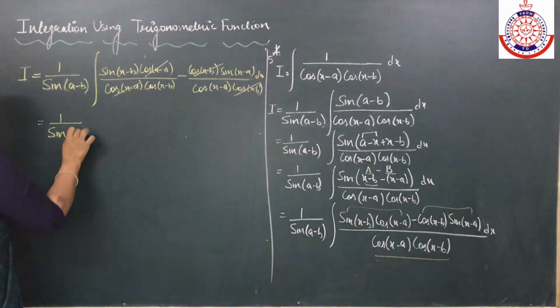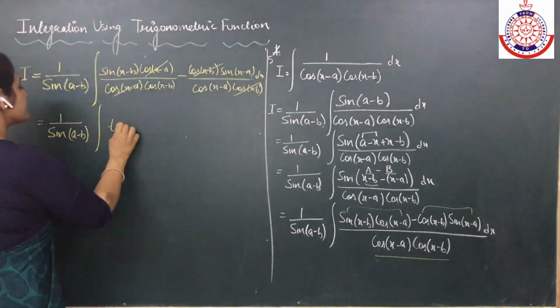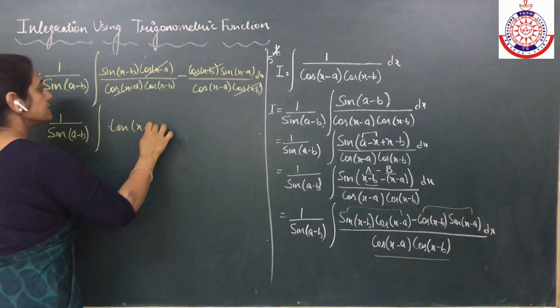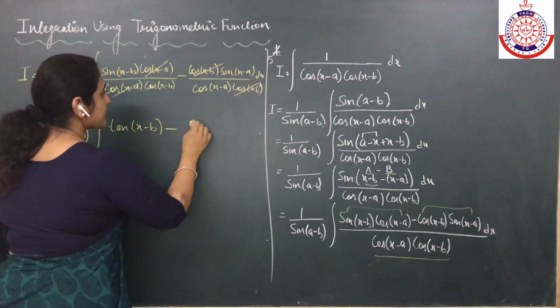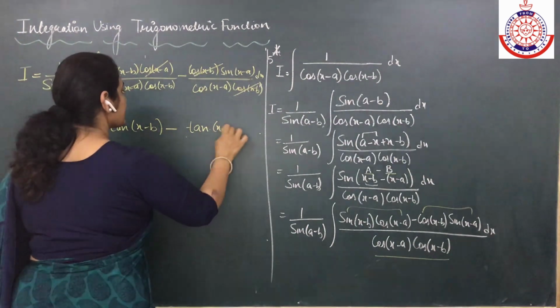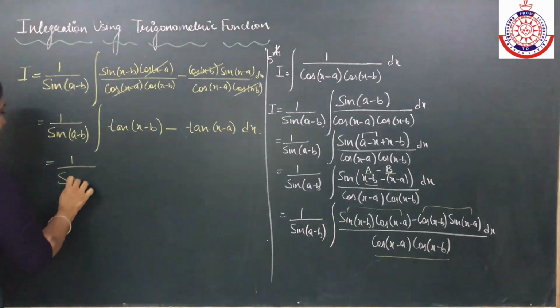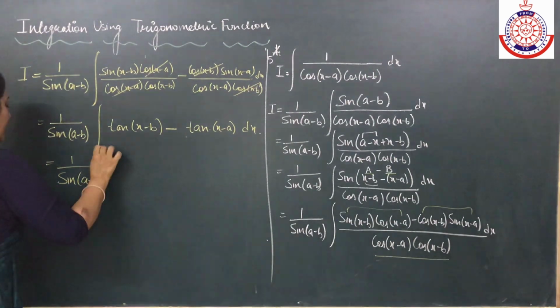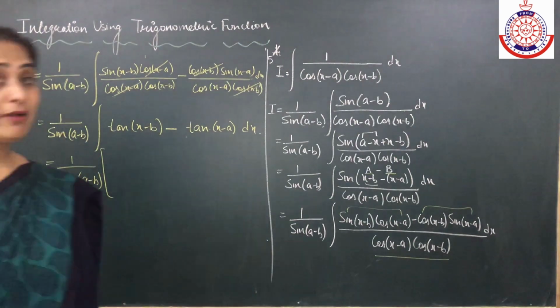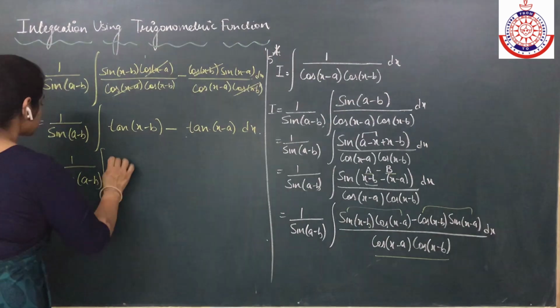Now what are we left with? Sin x minus b upon cos x minus b, that is tan x minus b. In the method of substitution we have done the integration of tan, and I told you we can directly apply the formula. What is the integration of tan? Either it is minus log of cos x or it is log secant x. That's my choice.